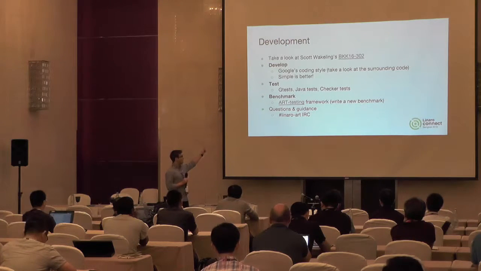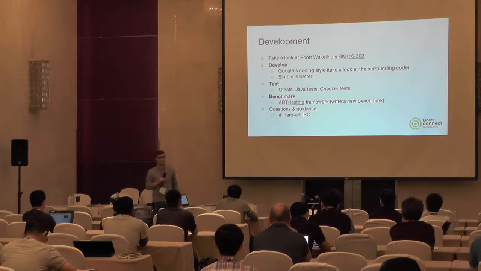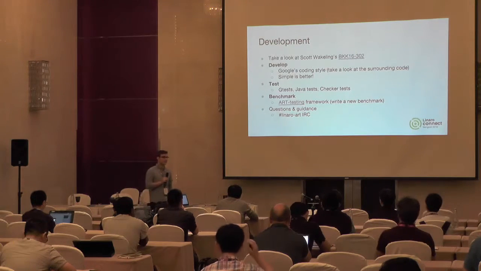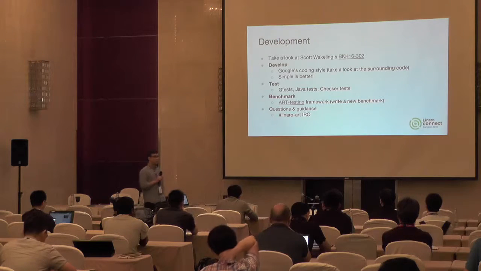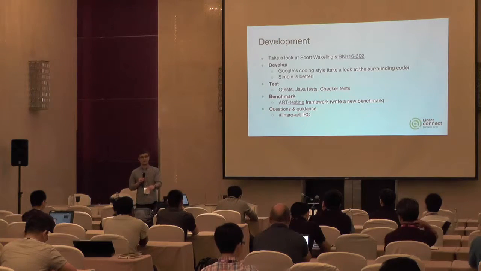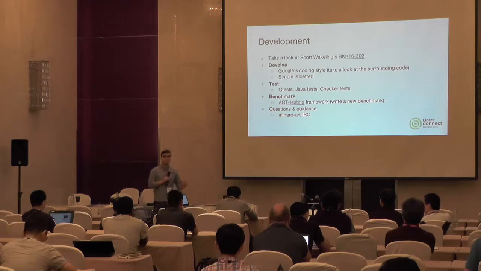So for the ART testing, there's a link to the benchmarks that we're developing. This is a list of roughly around 50 to 60 benchmarks now. As a good practice, whenever there's a code path that's not exercised by a current benchmark, we write a new one.